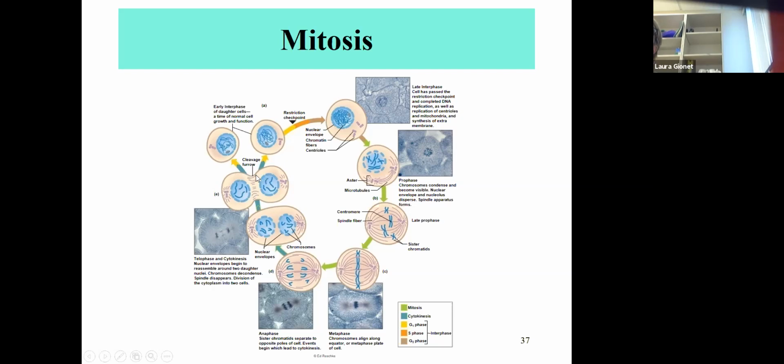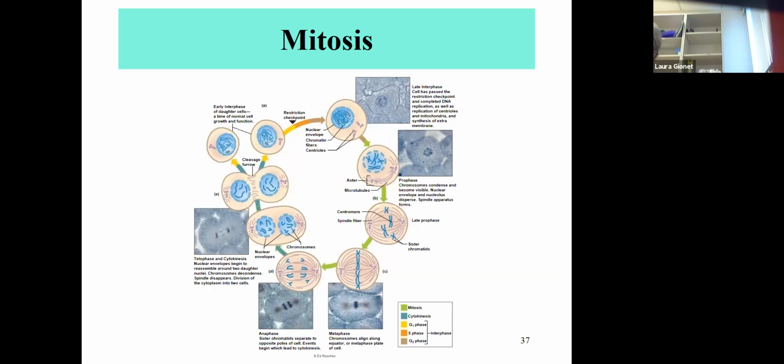You start to develop that cleavage furrow. Actually, you started developing that in late anaphase, I will say, honestly. And that furrow becomes more exaggerated, closing down within the middle of that cell until finally you produce two daughter cells. And so we start with interphase, prophase, metaphase, anaphase, and telophase.